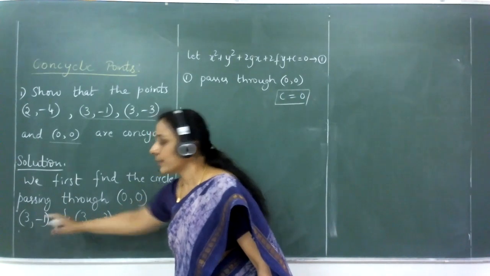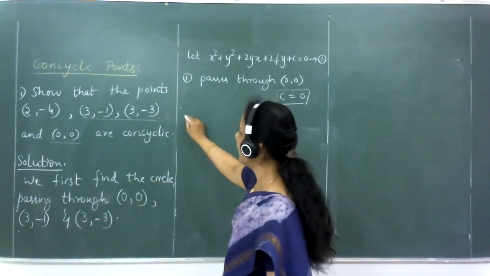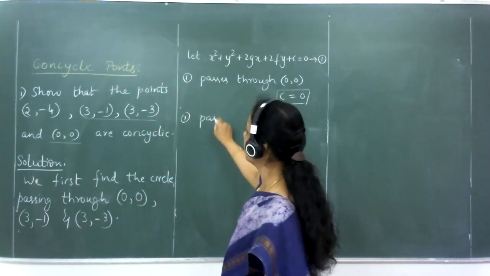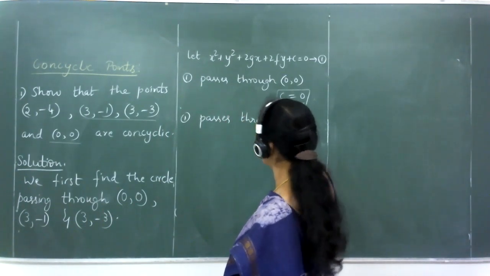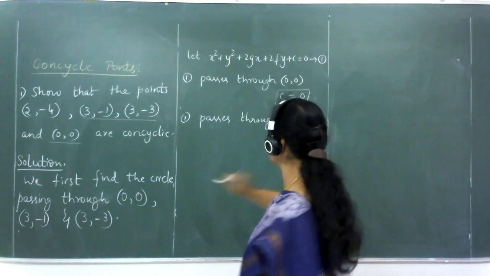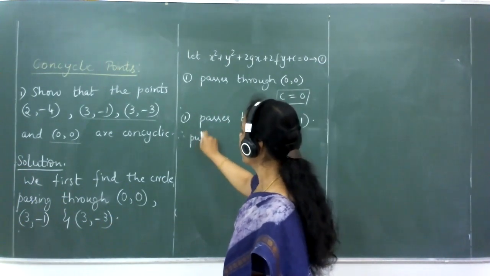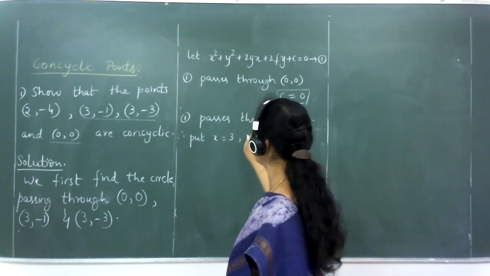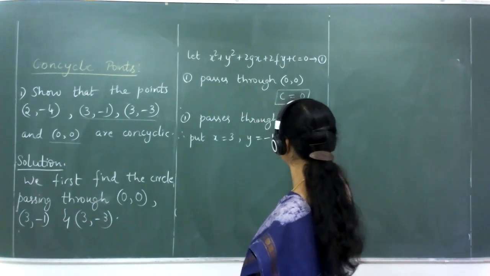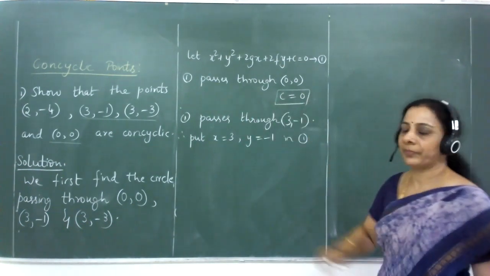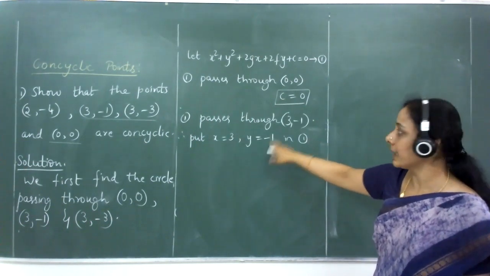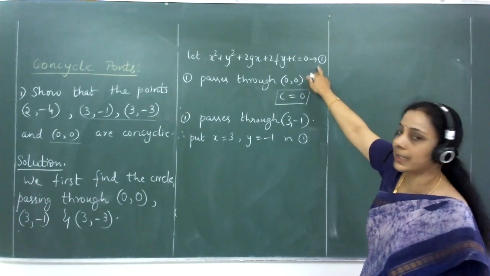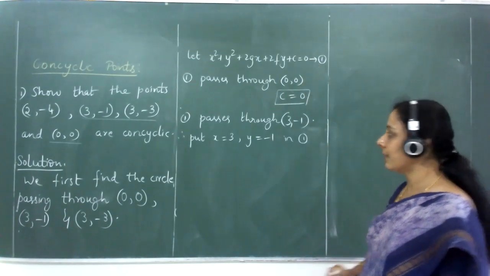Now I will use the second point here. Circle 1 passes through the next point, which is 3 comma minus 1. Therefore, I can substitute x equal to 3, y equal to minus 1 back in equation 1. I will now substitute x equal to 3, y equal to minus 1, also c equal to 0 in equation 1.